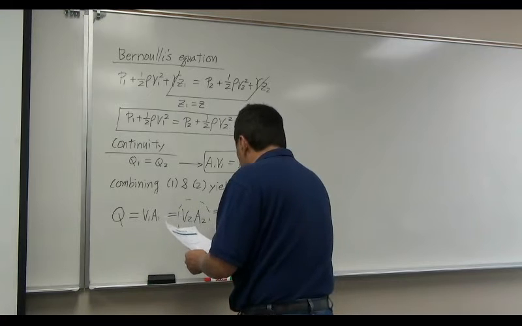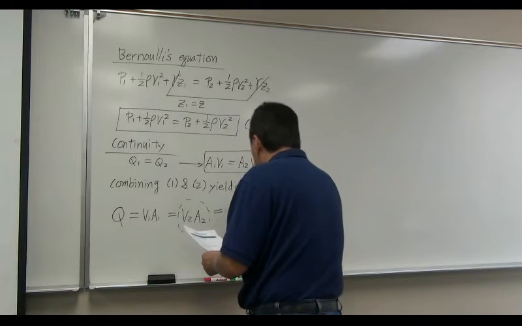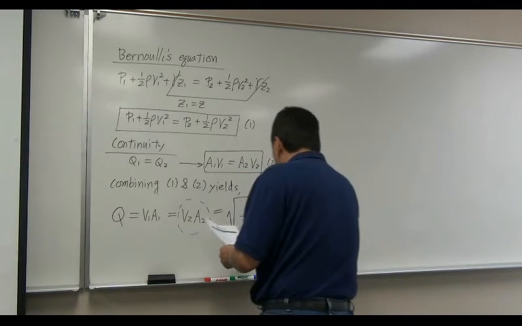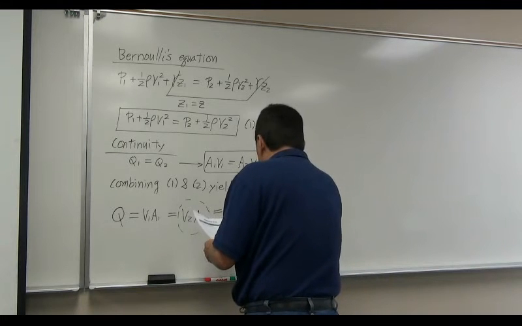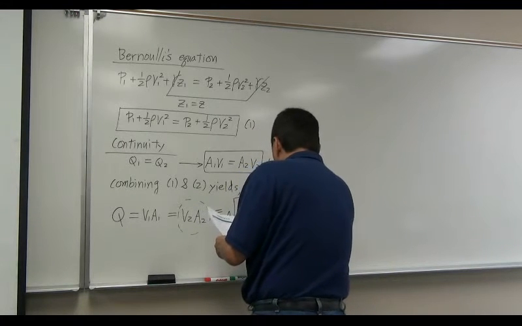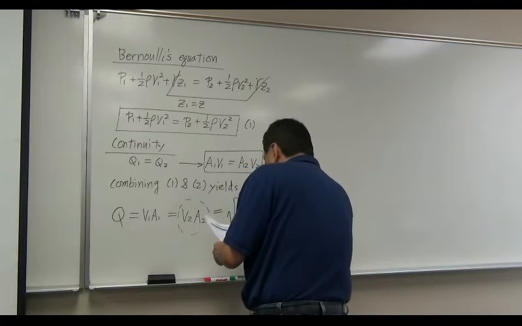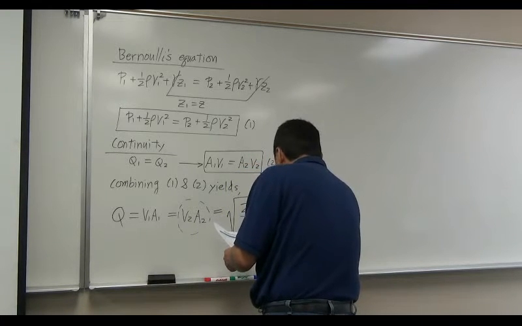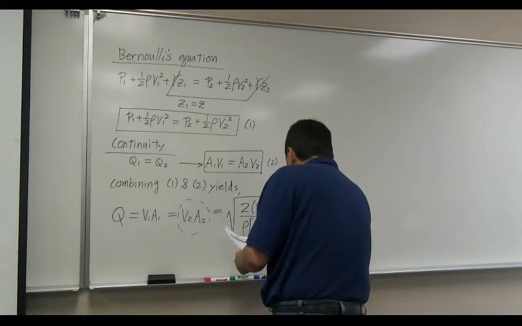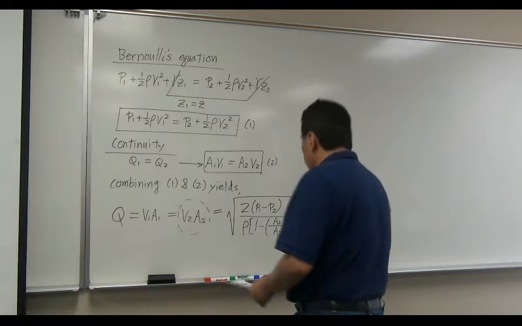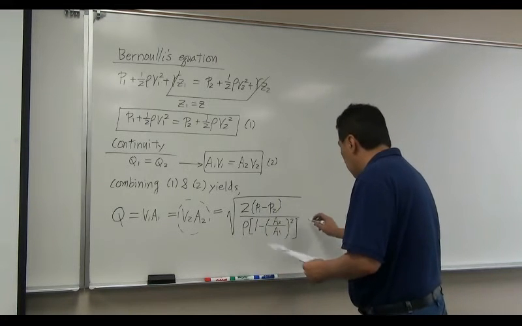Equation is Q equals square root of 2 times (P1 minus P2) over rho times (1 minus (A2 over A1) square), multiplied by A2.